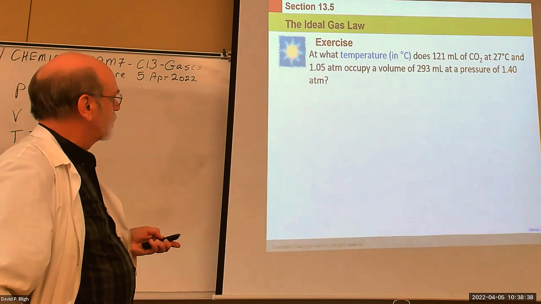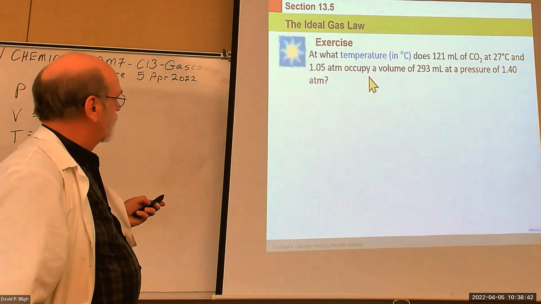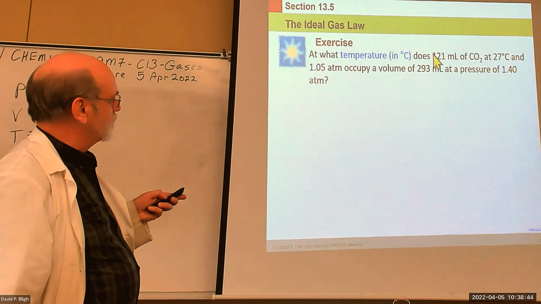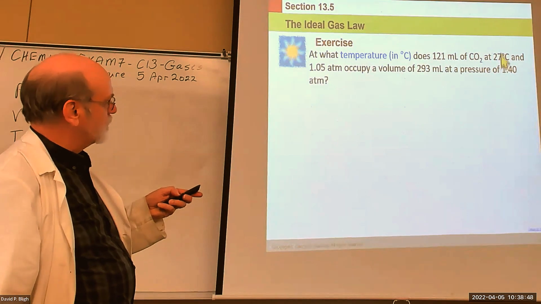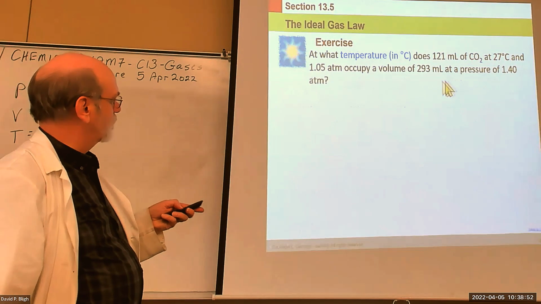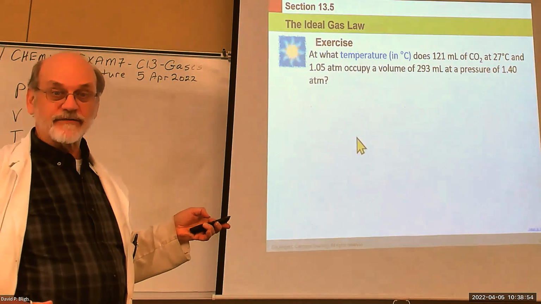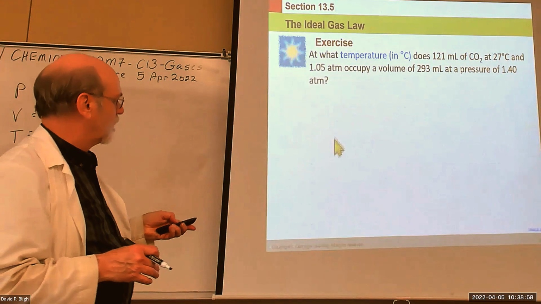What we have here is a volume before and after, a temperature before and after, and a pressure before and after. This is a before and after, but there are several variables going on here.